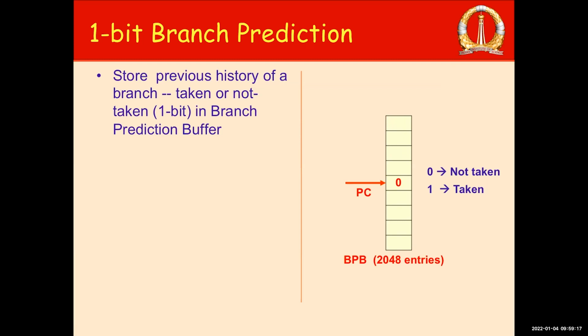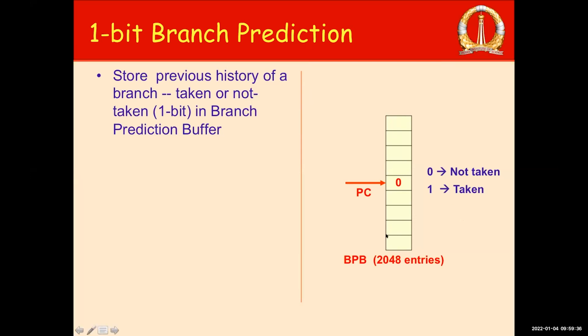Typically, the branch prediction buffer is something like 1024 entries or 2048 entries, and you index this buffer using, let's say, either 10 bits or 11 bits of the program counter. So different static branch instructions would fall into different locations.